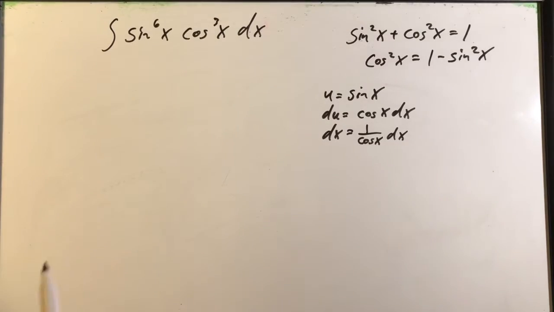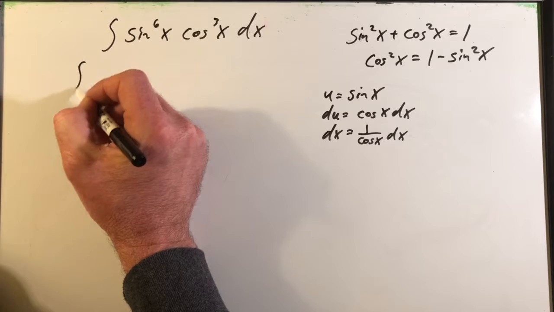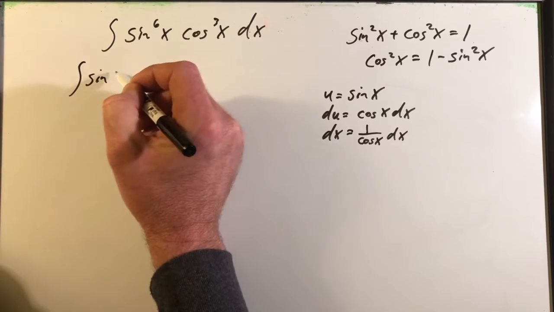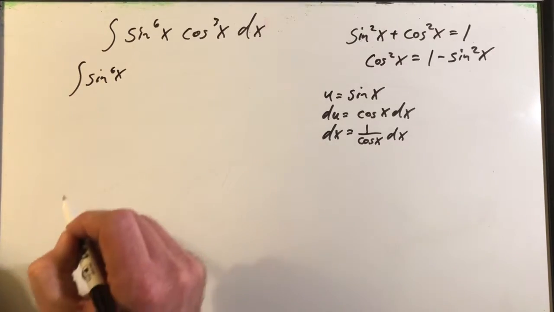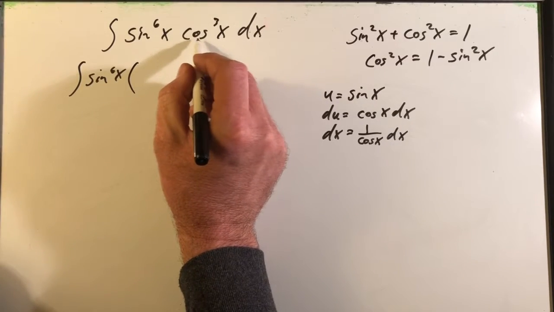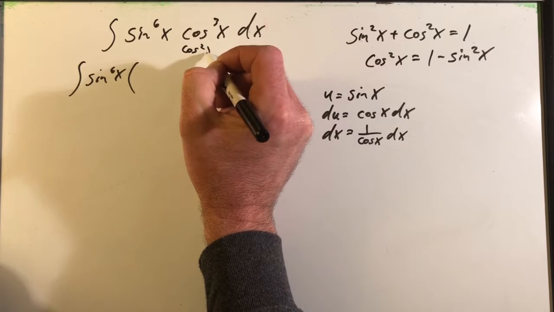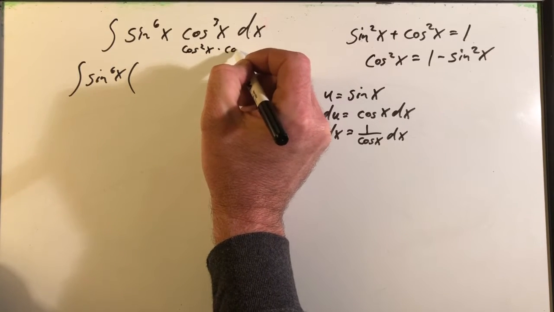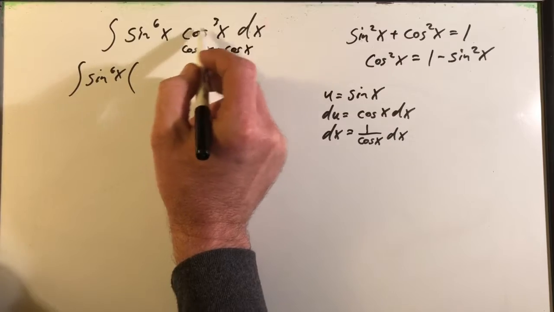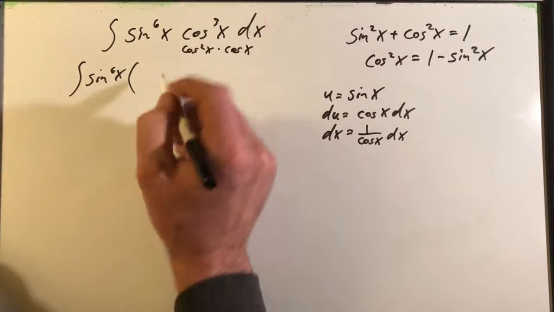Okay, so showing you how that actually works, let's take this integral here. I'm going to leave the sine to the 6th x there. And then I'm going to take the cosine squared x times cosine x, which would actually be cosine to the 3rd power.